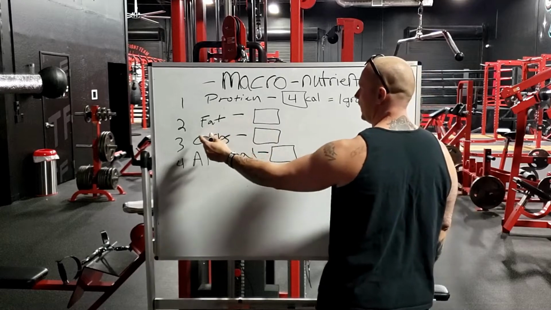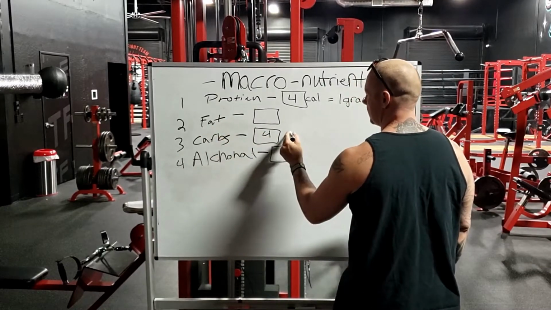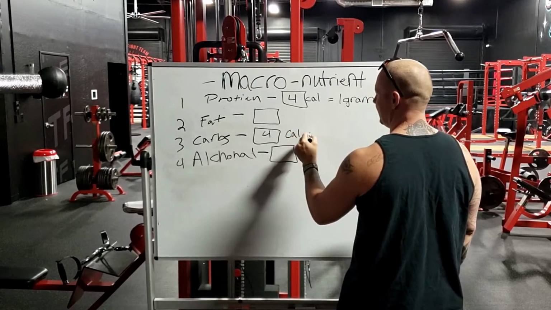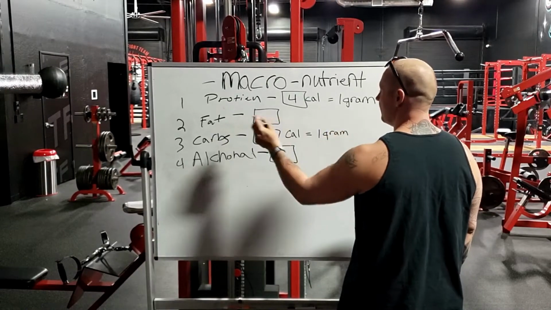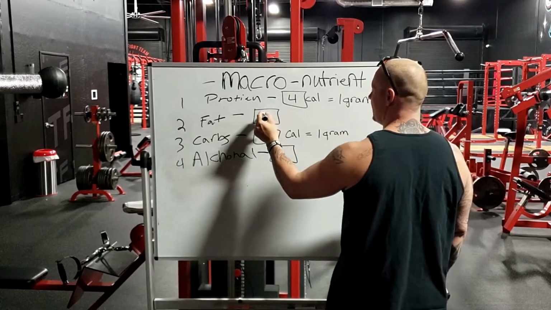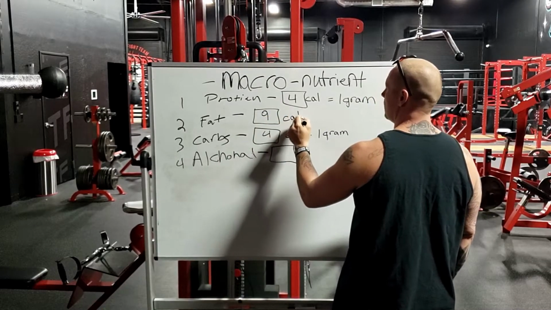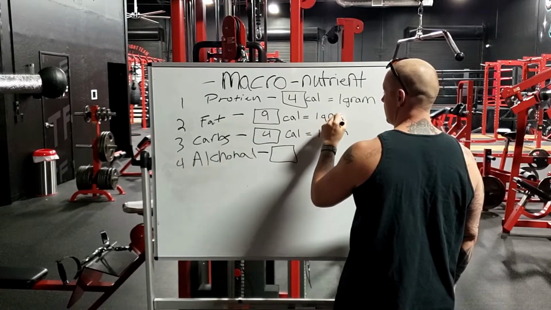The next one that will also be 4 is carbohydrates. 4 calories equals 1 gram. Fat, on the other hand, will be 9, pretty high. 9 calories equals 1 gram in weight.